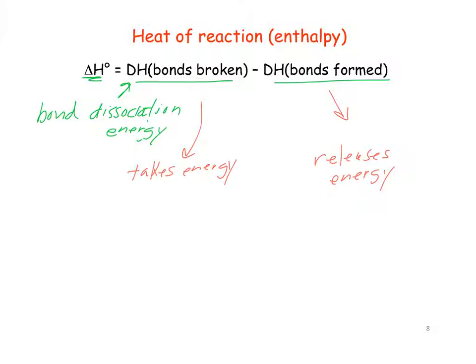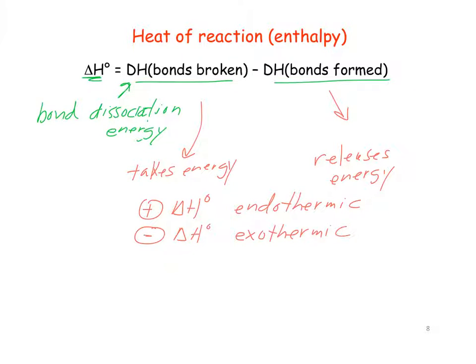If we have a positive enthalpy, we call it endothermic. It's kind of like endergonic, but endergonic is for the free energy. And if we have a negative delta H0, then it's called exothermic. That means we're getting back more energy when the bonds are formed than it takes to break the bonds.